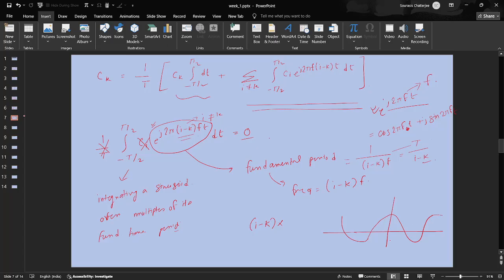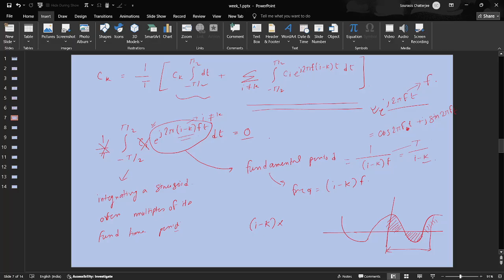If I talk about one full time period, is this, right? Over this entire time interval, this half is positive, half positive, and this full negative. So whenever I'm integrating a sinusoid over a fundamental time period, what am I going to get? 0.